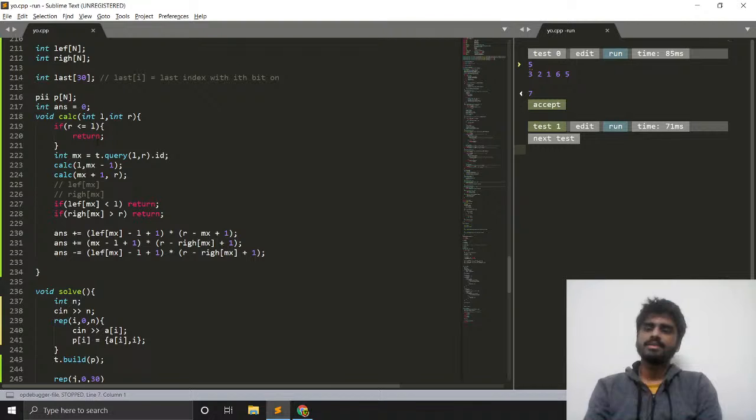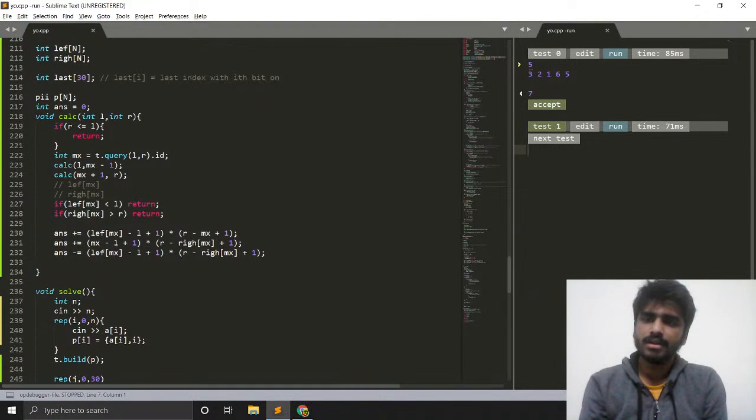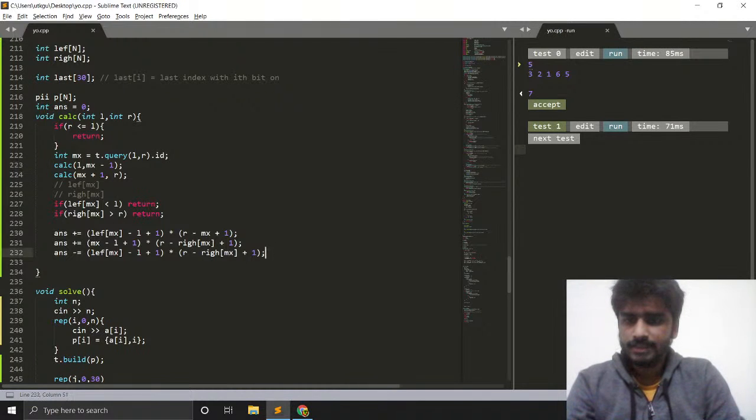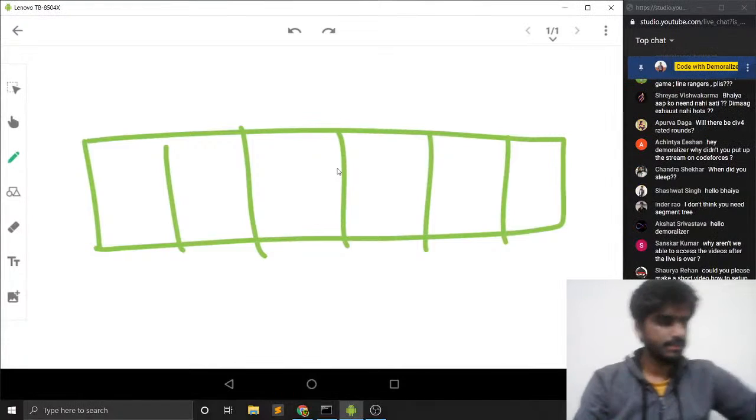The intervals are inclusive. If they're equal, I am returning. That's fine. Find the index of the max. Solve for the remaining half. Leave the current element out, and maybe these are wrong. Okay, let's see.